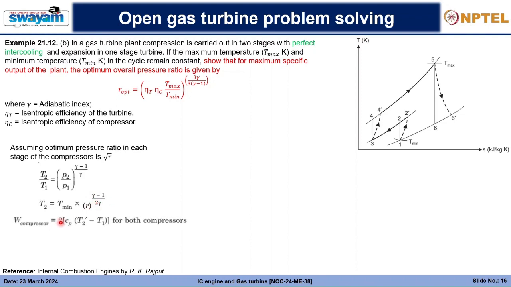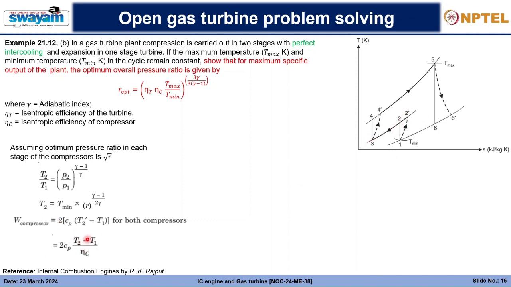Then the work done by the compressor is 2 Cp (T2 dash minus T1) for both compressors. Then we use the isentropic efficiency: T2 dash minus T1 will be (T2 minus T1) divided by eta EC. That is also given here.